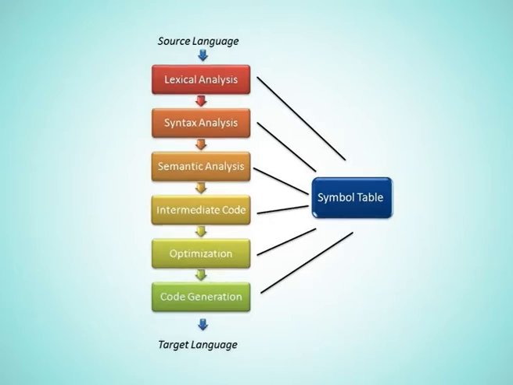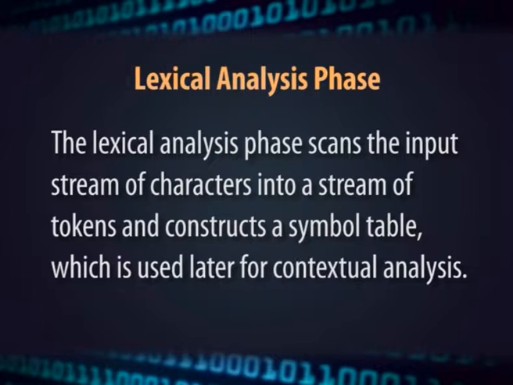After the preprocessor processes the task, the next step is the lexical analysis. The lexical analysis phase scans the input stream of characters into a stream of tokens and constructs a symbol table, which is used later for contextual analysis.